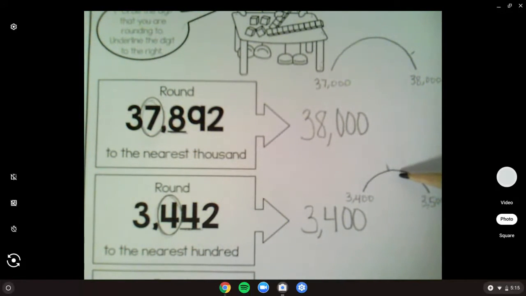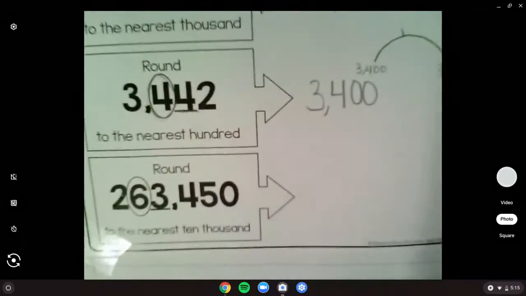Because half would be a little bit, it'd be closer to this end. Okay, so it would round down to 3,400 because that 42 here means it's not quite up there. Half of 100 would be 50. 42 is not quite there, so it's not quite over that hill yet.